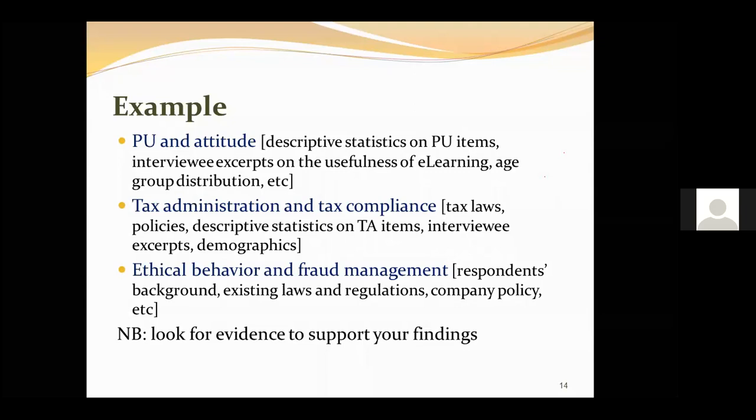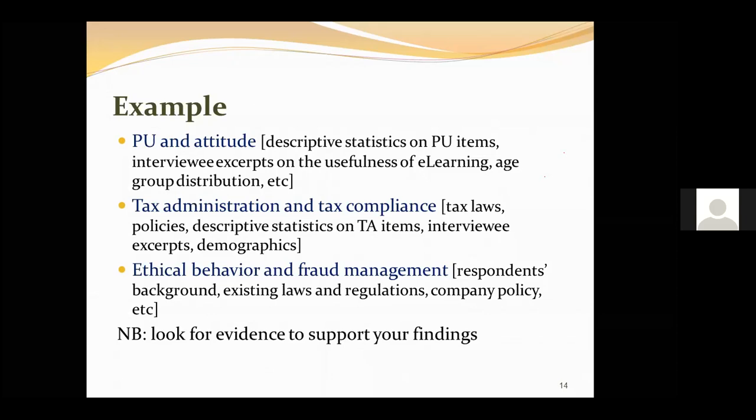Look at the interview excerpts. What are people saying on the usefulness of e-learning? Look at the frequency distribution, the age demographics. What is the age group distribution in this case? You'll find that the majority of your respondents are between the ages of 20 and 25.